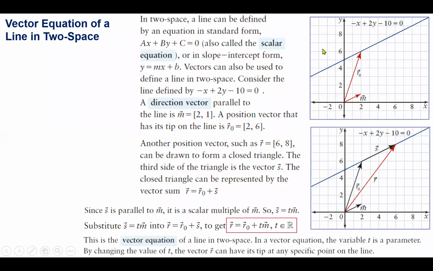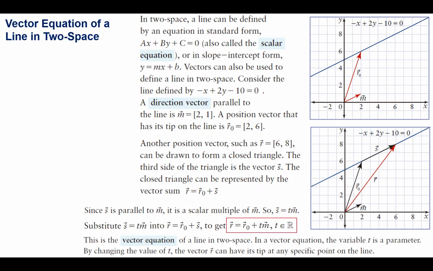First of all, let's have a look at the vector equation of a line in 2 space. Okay, remember that we have learned in our previous lesson, in 2 space, a line can be defined by an equation in a standard form, right? Which is ax plus by plus c equals 0.